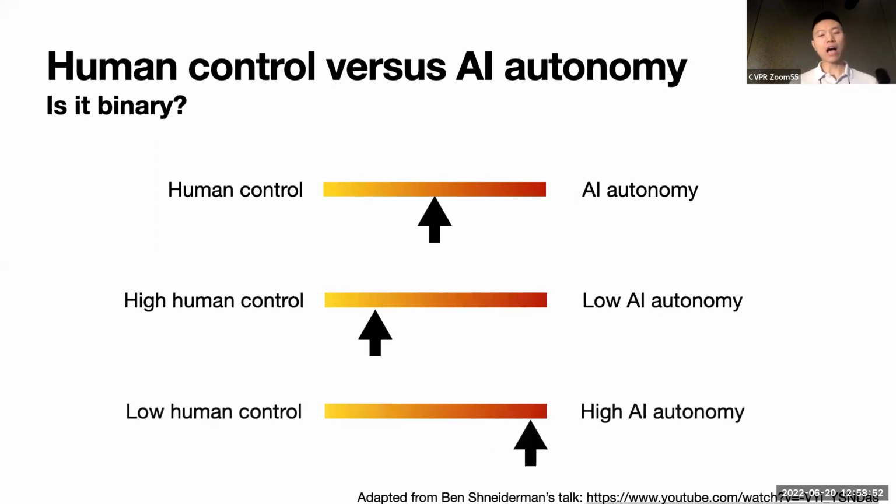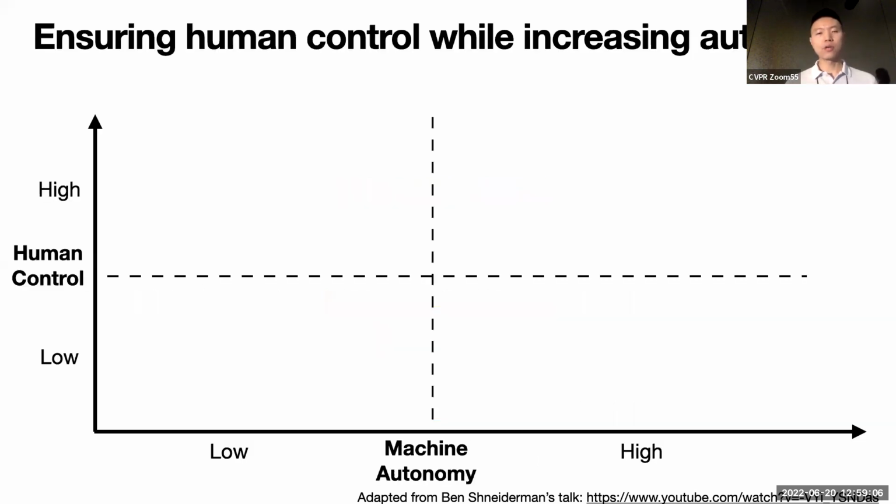If we want high AI autonomy, then we may have very low human control. But I will argue that the relation is not necessarily binary. We can actually have two dimensions to represent the relations.